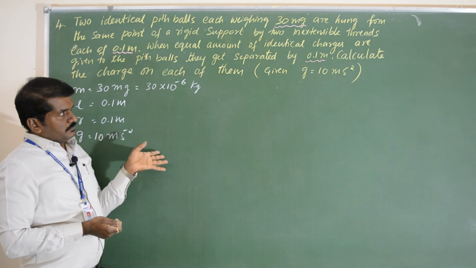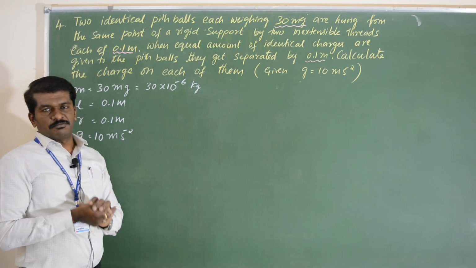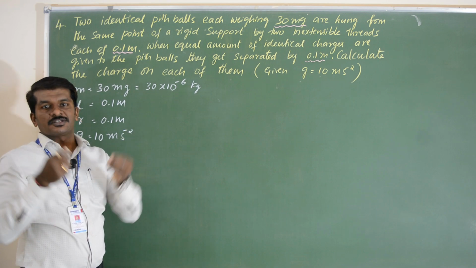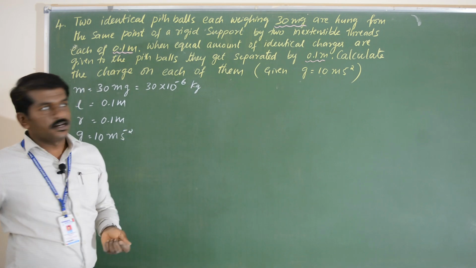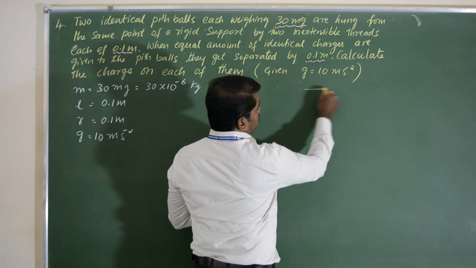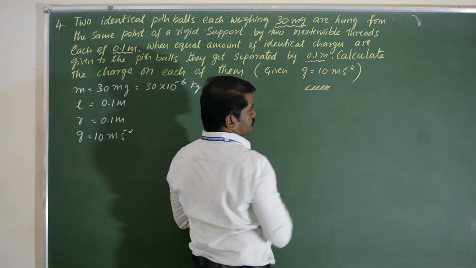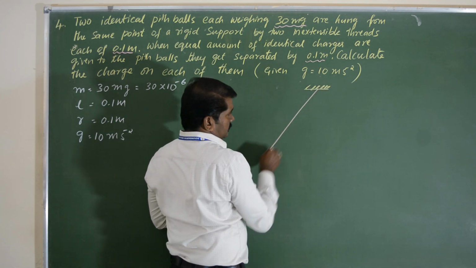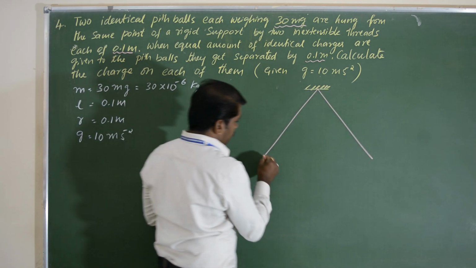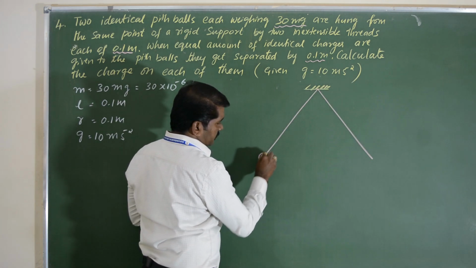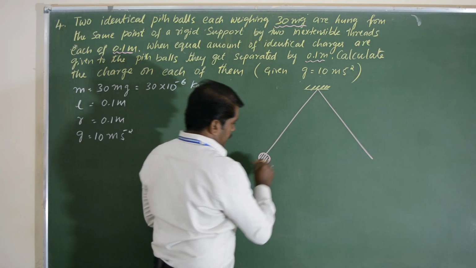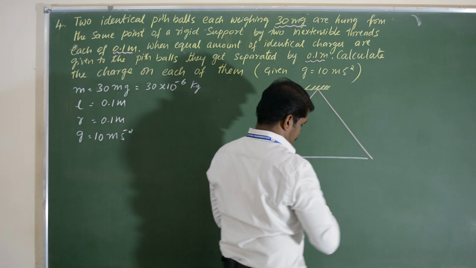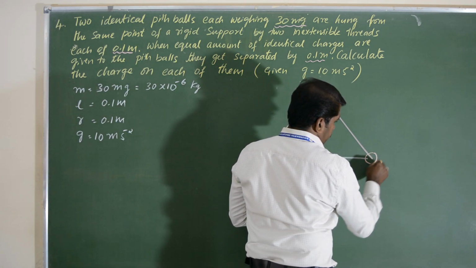So it is similar to the previous problem, but here they have given two balls. To determine that, let us draw the diagram. Imagine this is a rigid support and they have given two pith balls. So this is one pith ball, this is another pith ball.